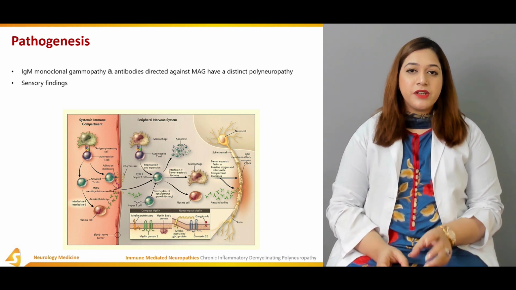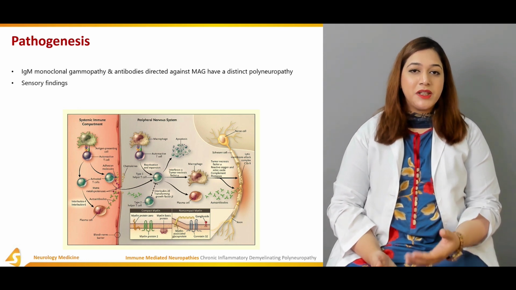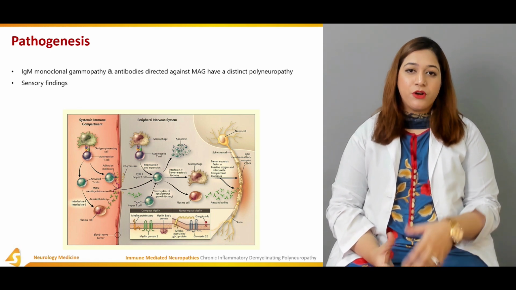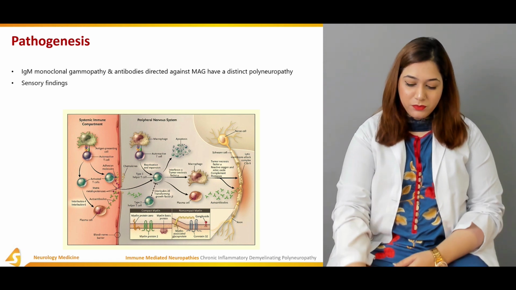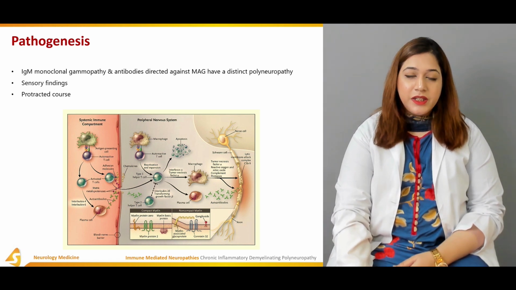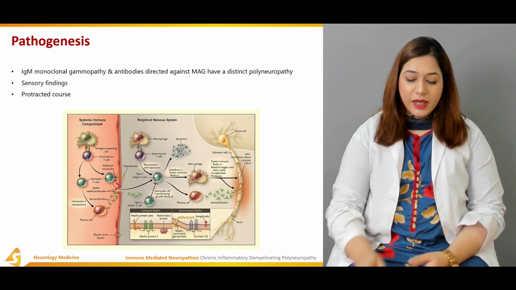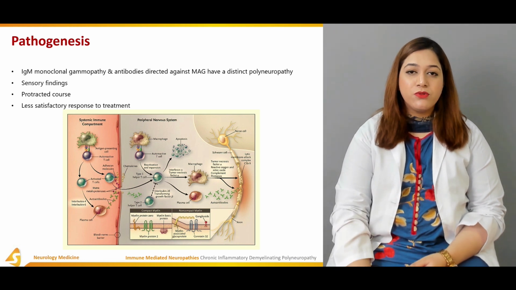In case of sensory ataxia, the motor coordination is intact, but the sensory component of coordination is disturbed or impaired, due to which there is loss of balance. These neuropathies have a protracted course, and they show a less satisfactory response to treatment.